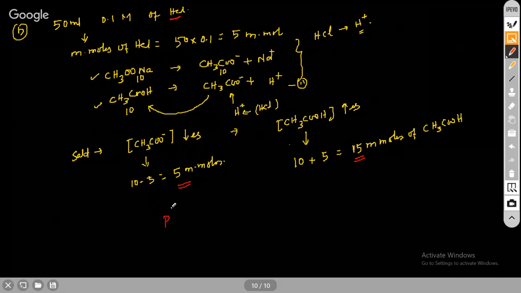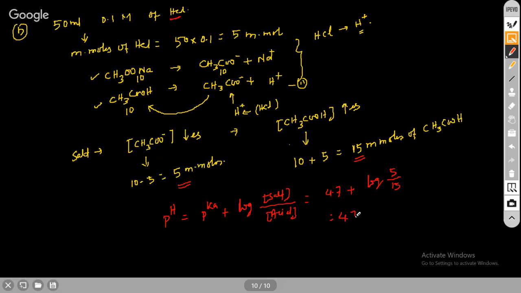Now we can use the formula of pH, which is pH equals pKa plus log of concentration of salt divided by concentration of acid. That gives you pKa, 4.7, plus log of salt by acid, which is log of 5 by 15, which is 1 by 3.